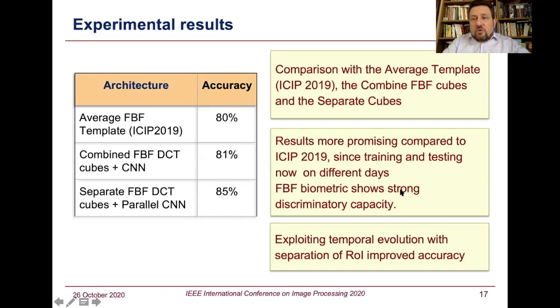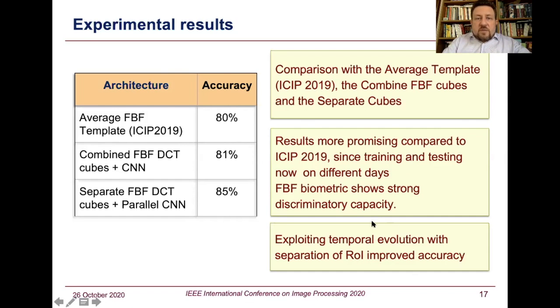What's really important is that both results, the 80 and the 85%, show that the FBF can perform as a biometric during different days, which is really important. We are now more confident with this biometric because of the testing during different days. So it has some strong discriminatory capacity.